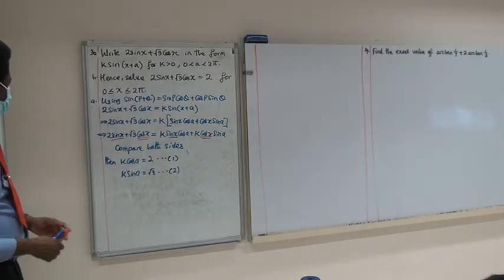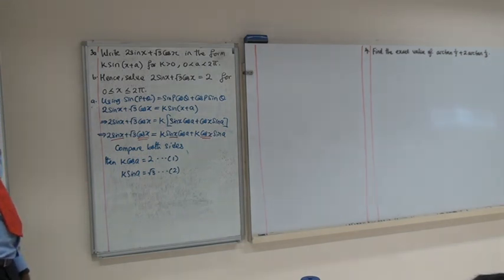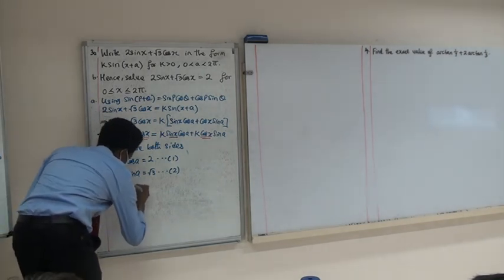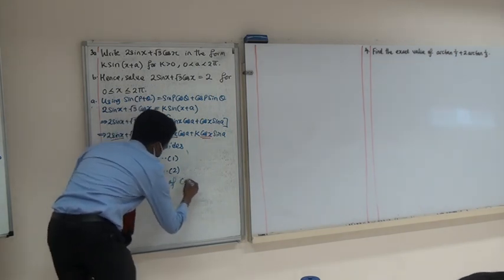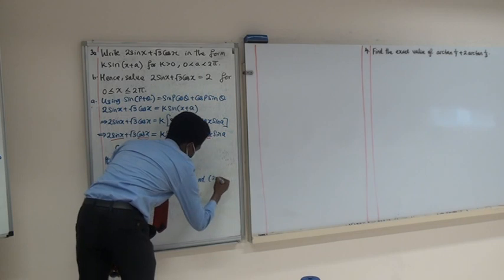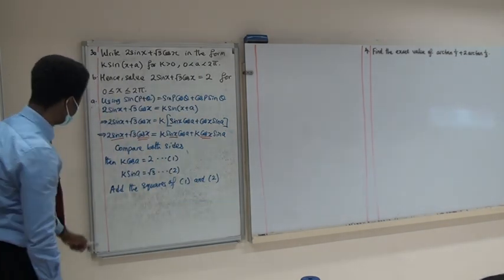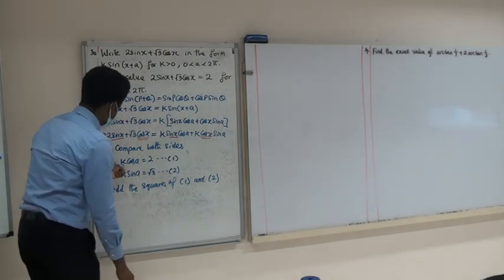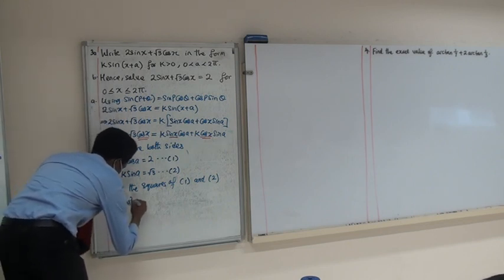To focus on k, you square both sides and add. Then you use a Pythagorean identity. Add the squares of equations 1 and 2. Interesting, huh? When you square this and add together, what do you get? k squared cos squared a.